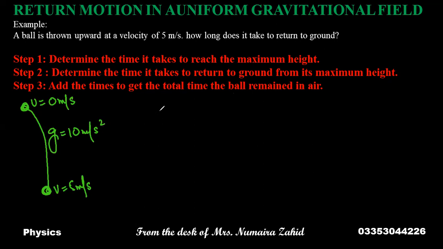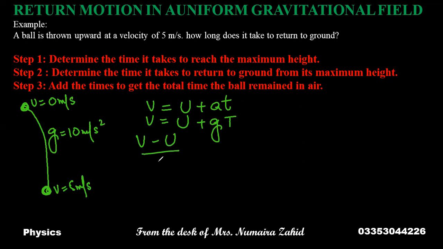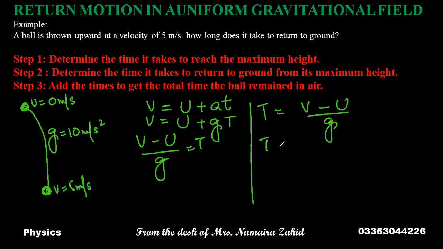So we can use the same equation, v equals u plus at. Here A will be replaced with g and t will be considered as capital T. Making T the subject, we get T equals v minus u over g, where v is the final velocity, u is the initial velocity, and g is 10. So T is equal to 5 over 10, which gives us 0.5 seconds.